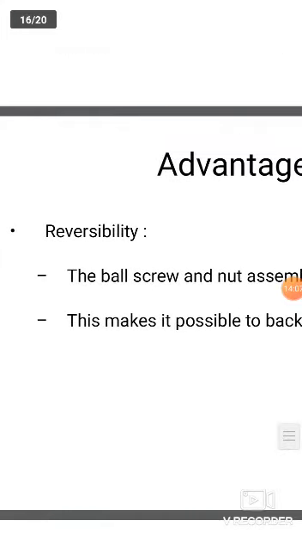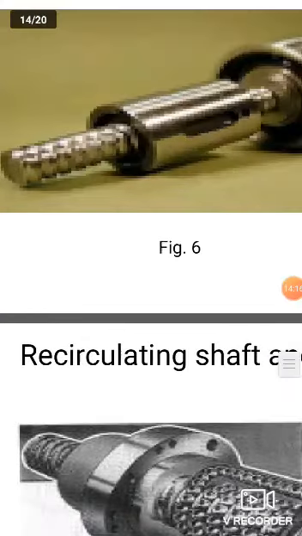So today, in this class, what we have studied: what is a lead screw and how it works. Next, we studied roller bearing slideways. Next, we studied the reciprocating ball screw mechanism, and the ball screw nut. Preloading, what is preloading, we have also studied.